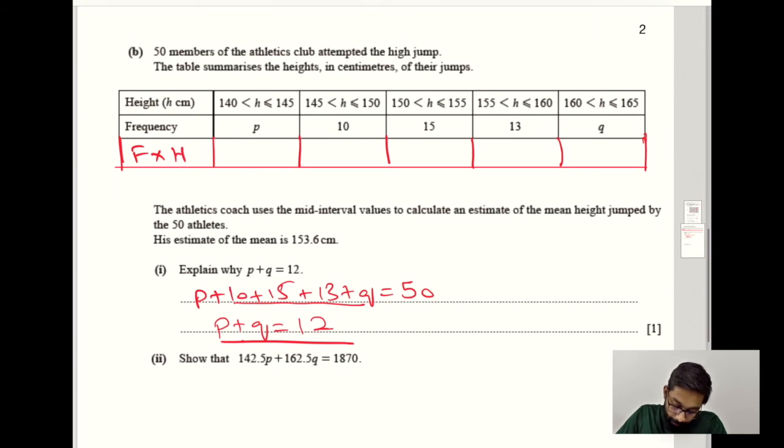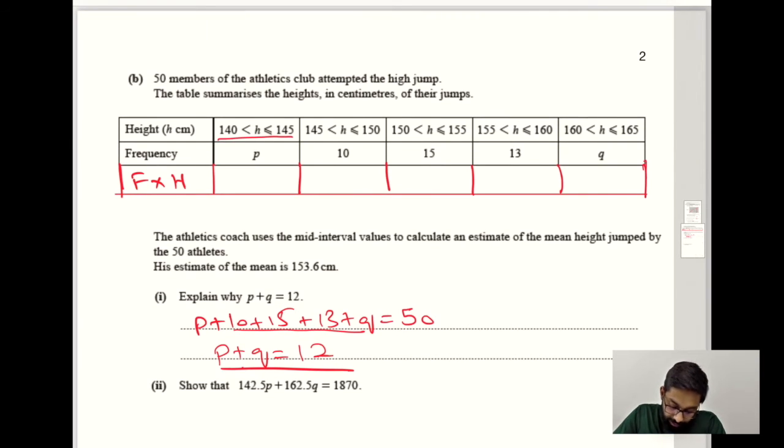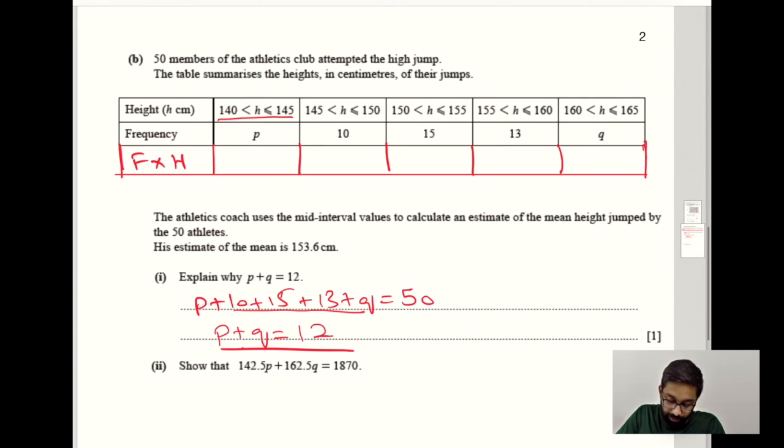So for example, the middle value of 140 and 145 is 142.5 multiplied by P gives you 142.5 P. Okay, the middle value of 145 and 150 is 147.5 multiplied by 10 gives you 1475. The middle value of 150 and 155 is 152.5. 152.5 times 15 gives you 2287.5.